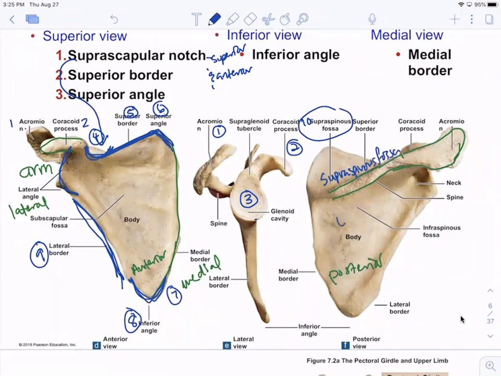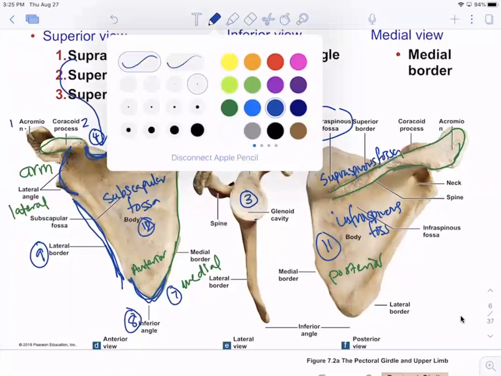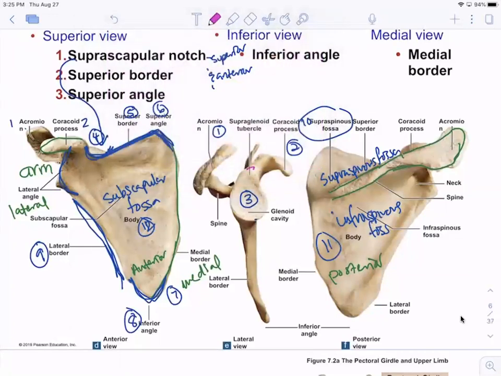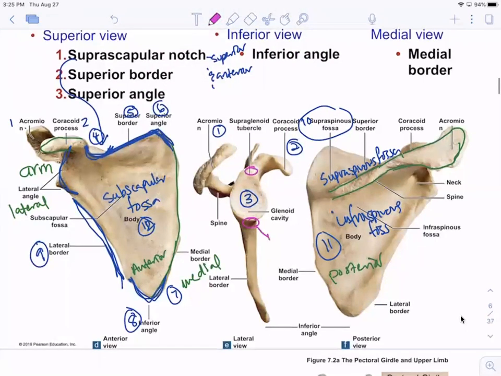And then infraspinous fossa. Right, so that's 11. And then we have subscapular fossa, which is 12. And the last couple of things that we have is the supraglenoid tubercle and the infraglenoid tubercle.